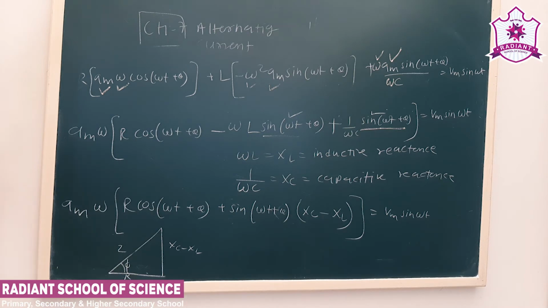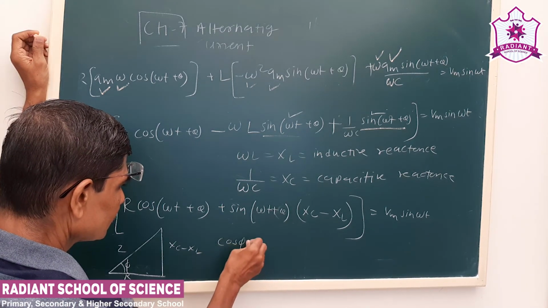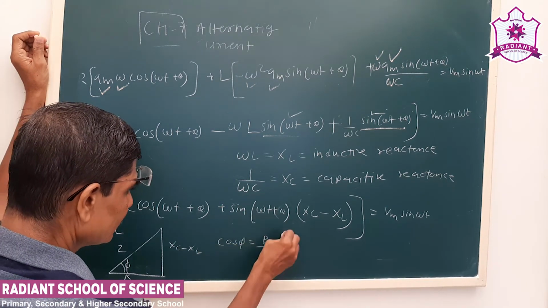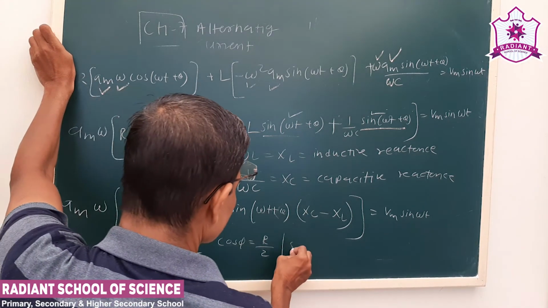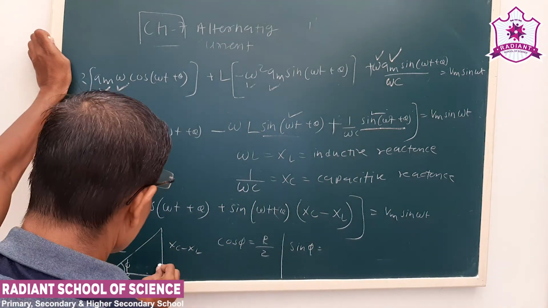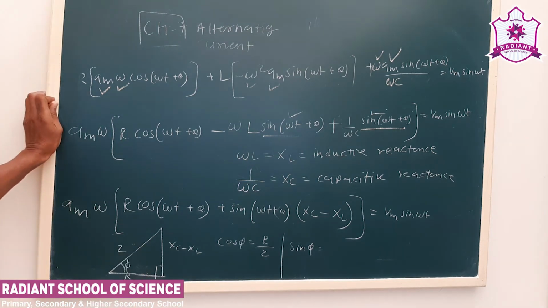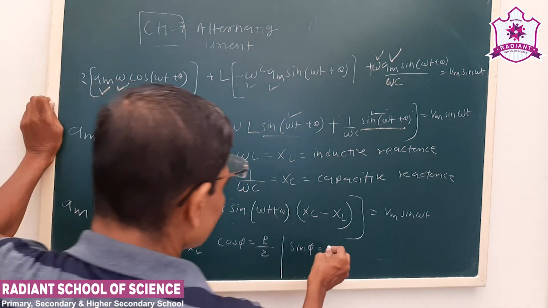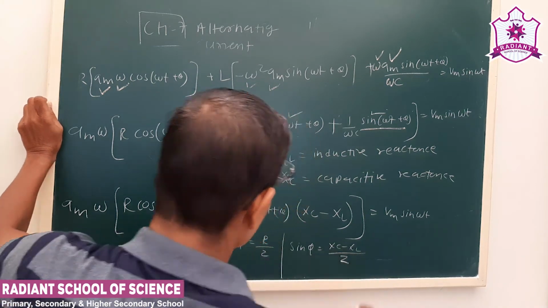Now from the geometry of the figure, what is cos phi? It is adjacent upon hypotenuse, that is R by Z. And sin phi is opposite upon hypotenuse, that is XC minus XL upon Z.